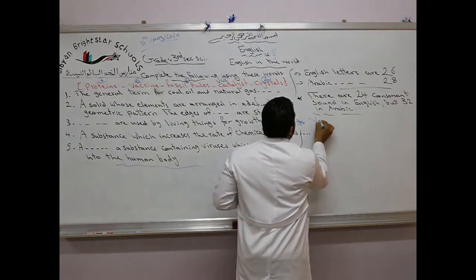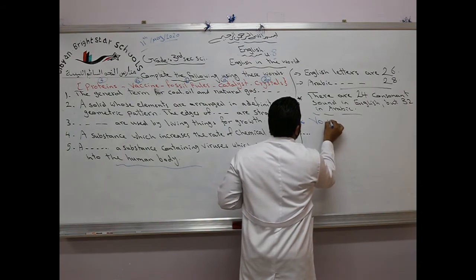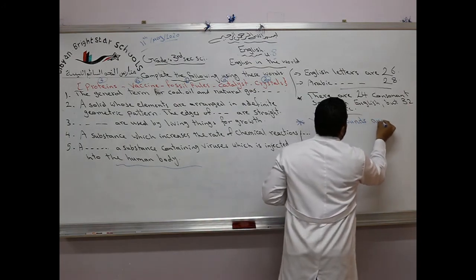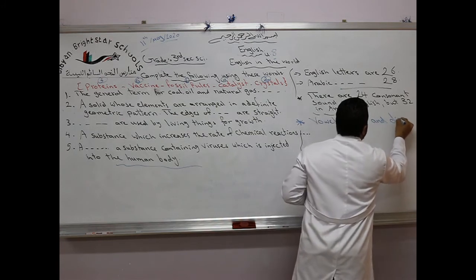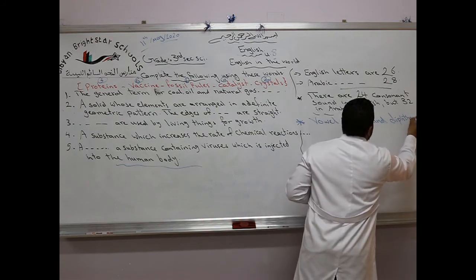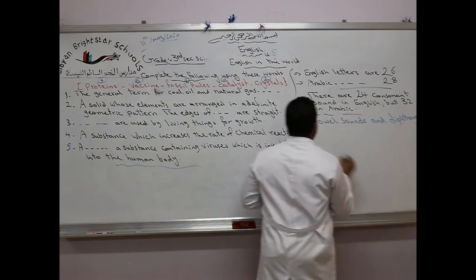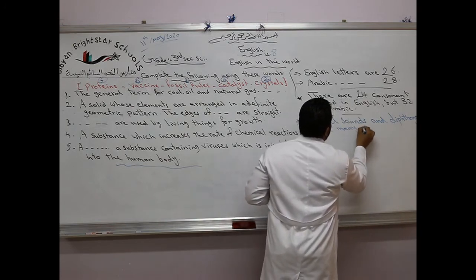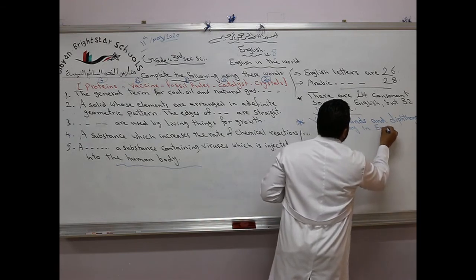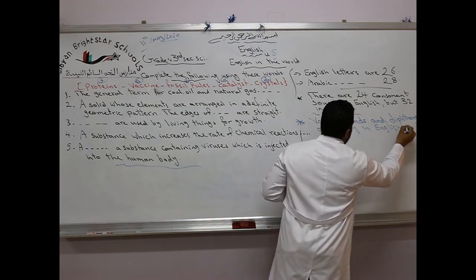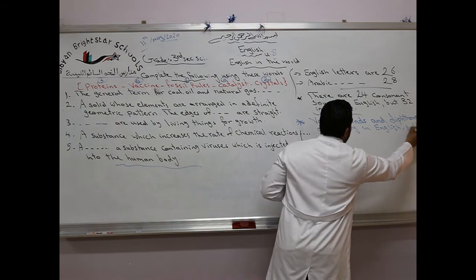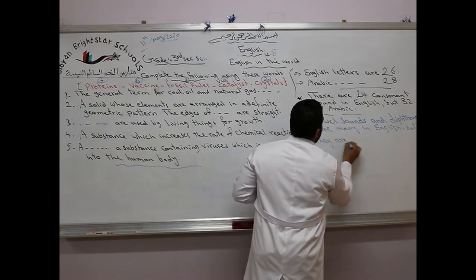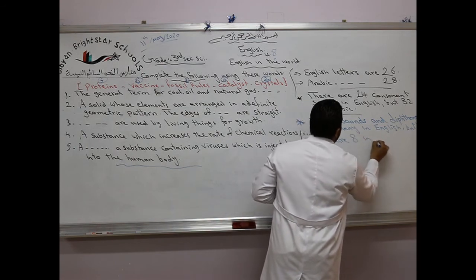Vowel sounds and diphthongs are many in English, but they are 8 in Arabic.